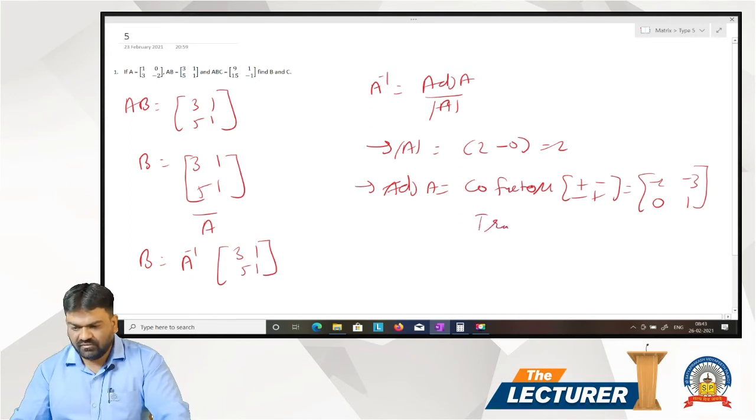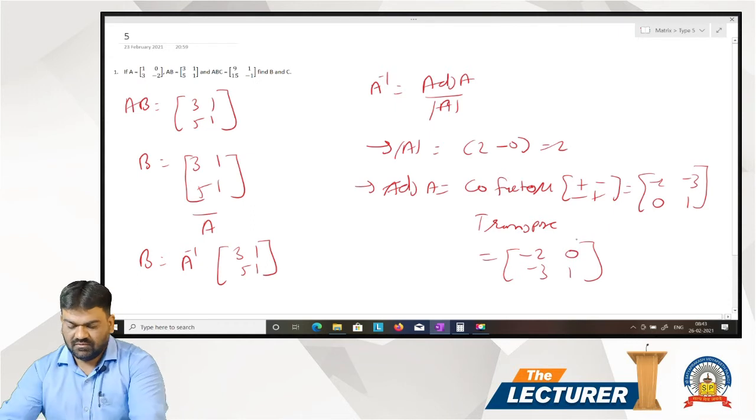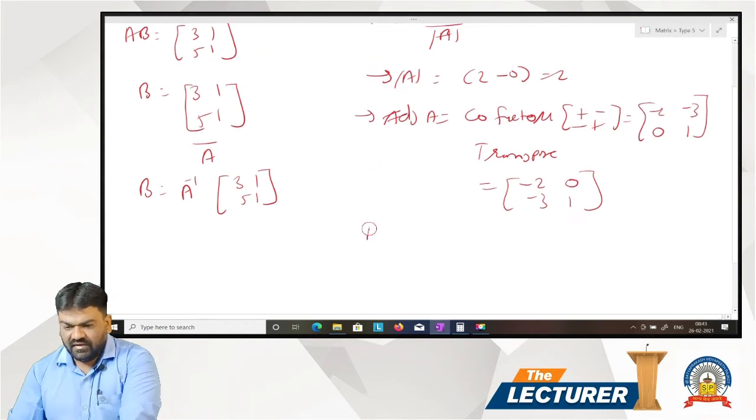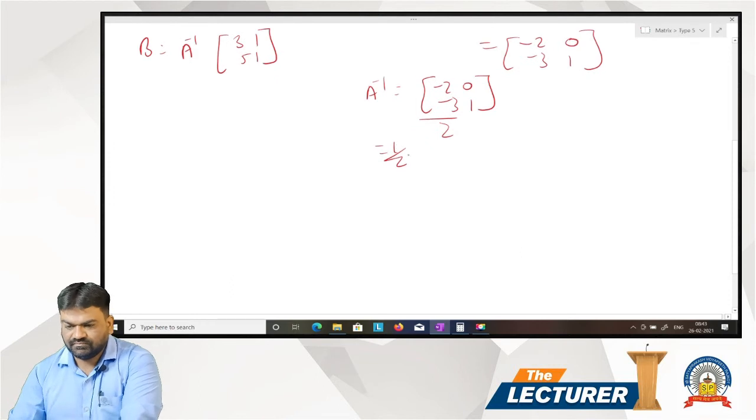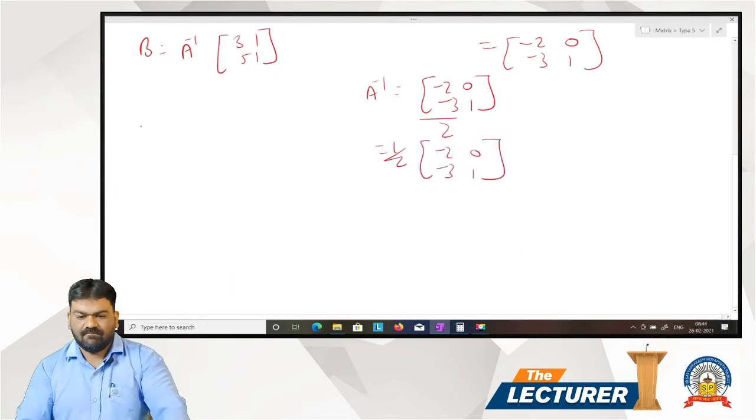Now transpose it. This is our cofactor matrix [minus 2 0; minus 3 1]. A raised to minus 1 is equal to [minus 2 0; minus 3 1] divided by minus 2, so 1 divided by 2 of [minus 2 minus 3; 0 1].